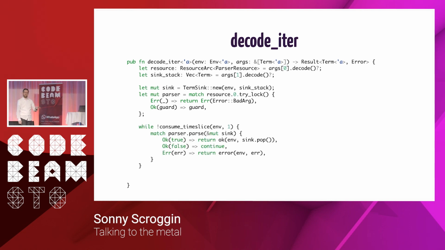It just loops and loops and tries to parse more and more data. So it parses for a certain time, and as soon as the time slice check says, hey, you need to return now, then we quickly return an OK value with the env and popping off from the sync.